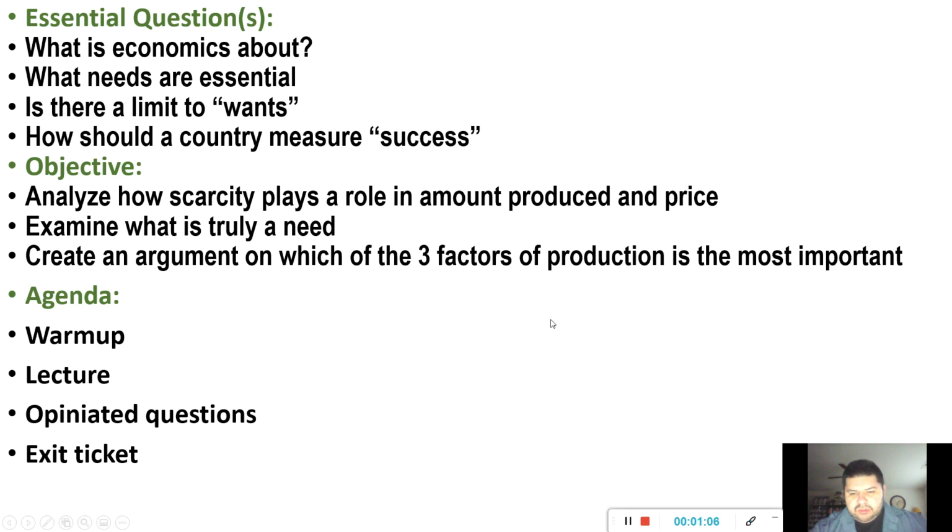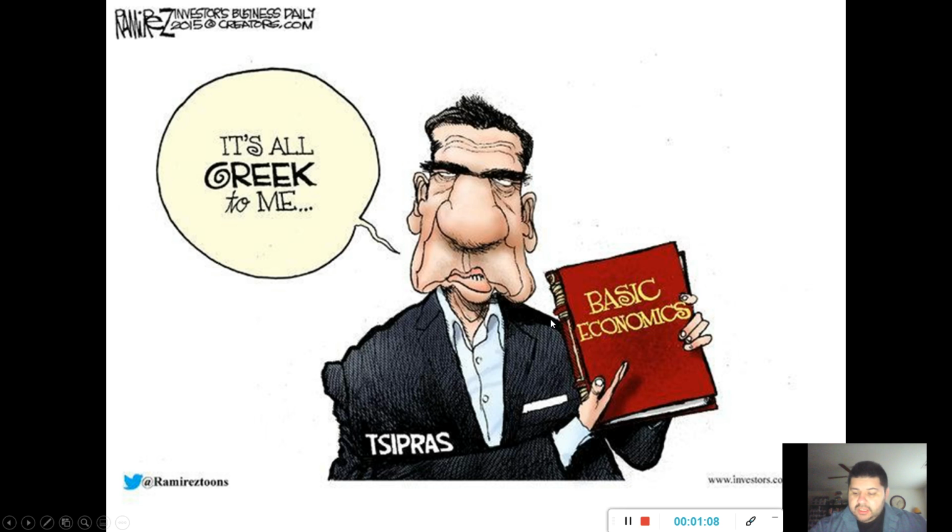Let's go ahead and go to the warm-up picture. The first one asks you to create a list of things you see. Pretty easy, there's just a couple of things. And the last one says, predict who this guy is and what is this artist trying to say. I've had a lot of students ask me what that means. It's all Greek to me.